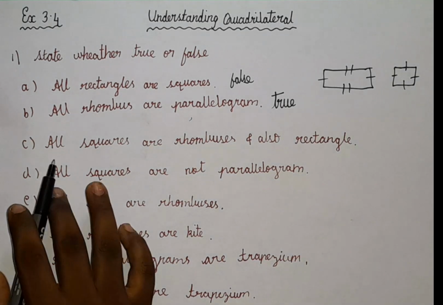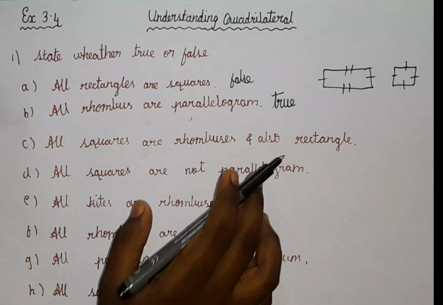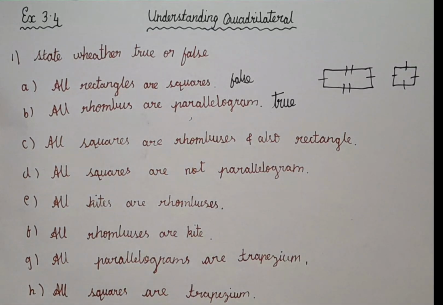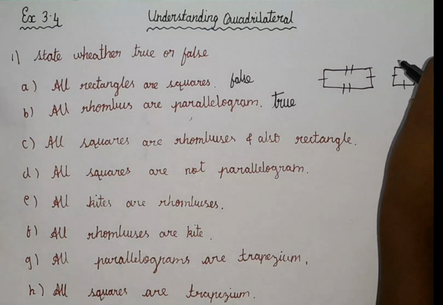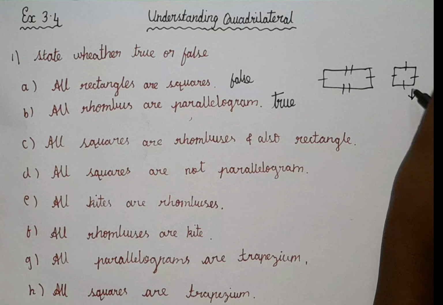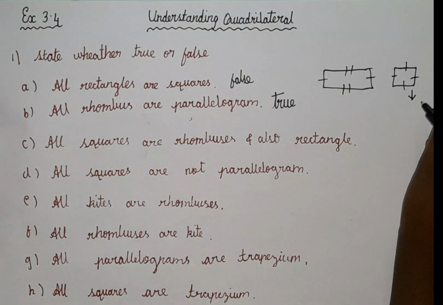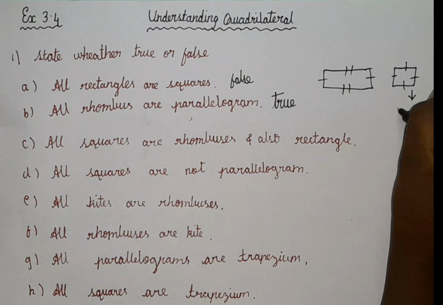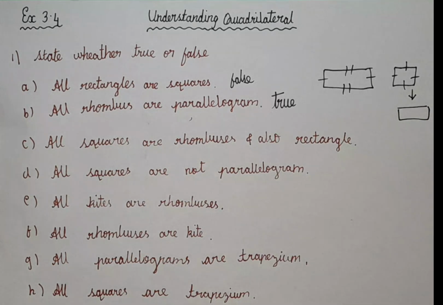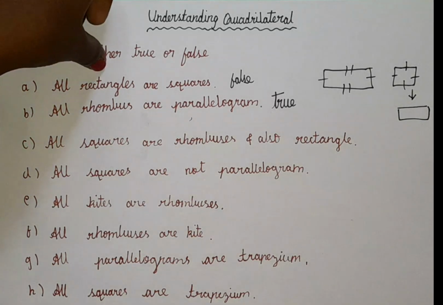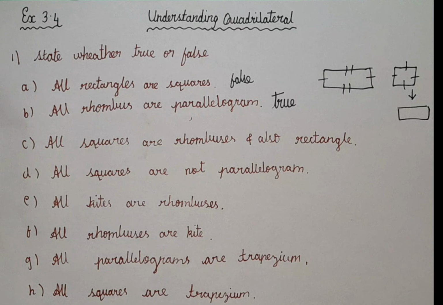Next we have all squares are rhombus and also rectangle. Here they are mentioning all the squares. So can a square be a rectangle? In the first question we had a rectangle is equal to a square, but that is wrong. So can a square be a rectangle?